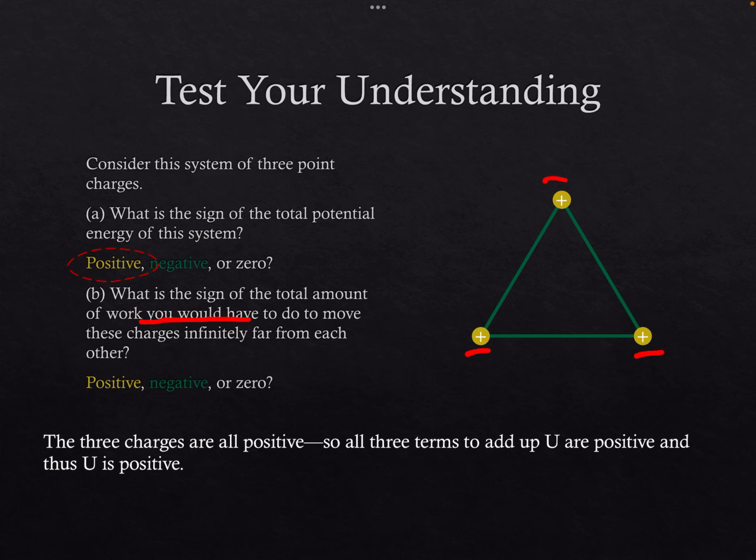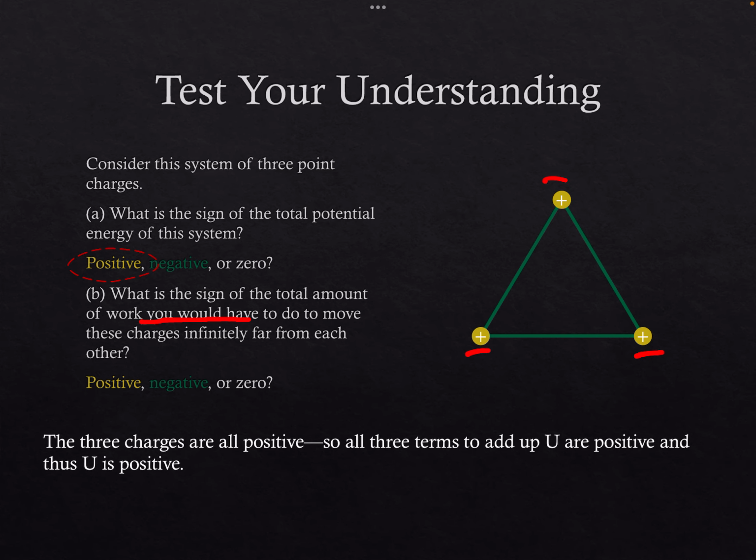How easy would it be for me to try to separate those 3 charges? I would say it would be pretty darn easy because they don't want to be close to each other. They are all the same sign. They want to spring apart as fast as possible. So it would cost me negative work. It would do the work for me to spring them apart.